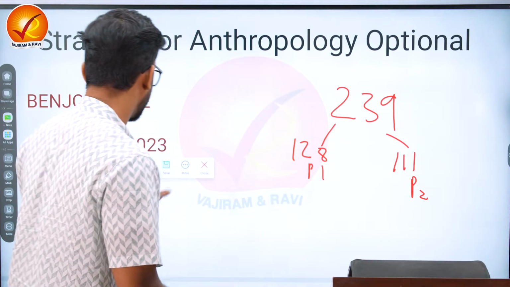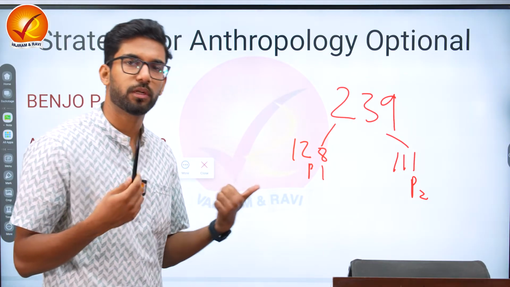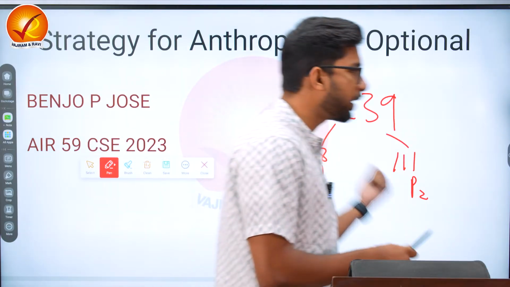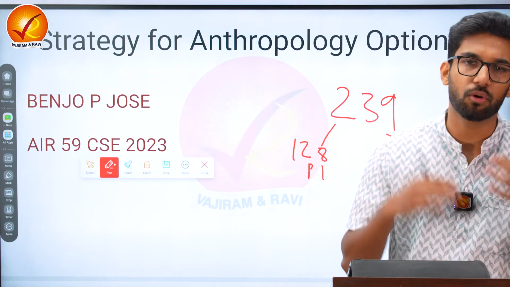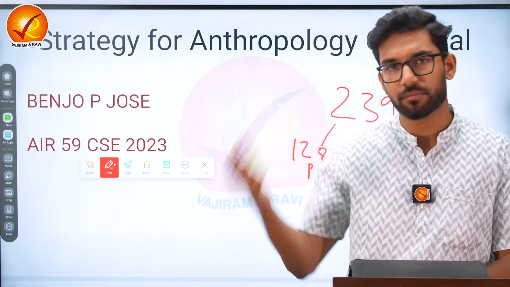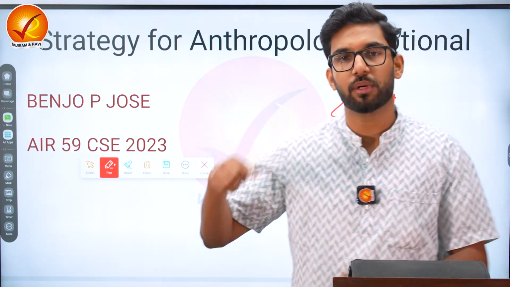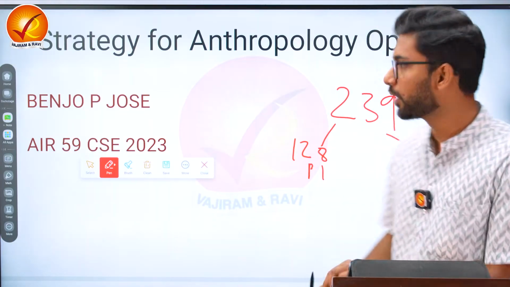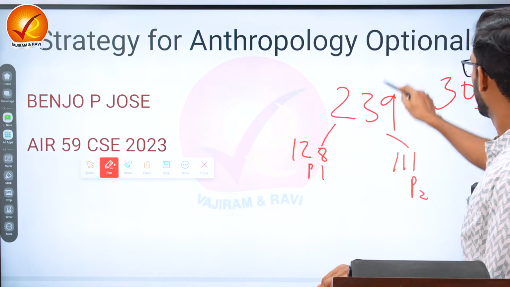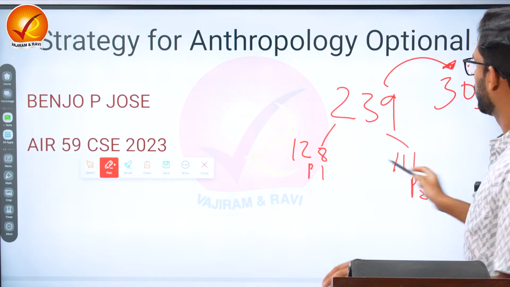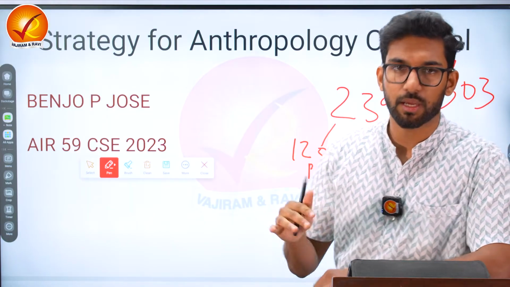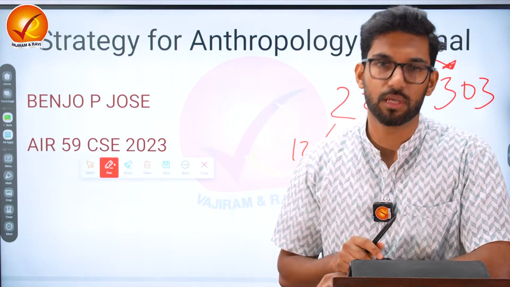This happened in my 2022 mains, and 239 was not a very good score, and I could not clear. But I applied for the exam again, and in my 2023 mains, which is this attempt, I scored 303. So this was the significant change, and I think the most important reason why I could get into the list.